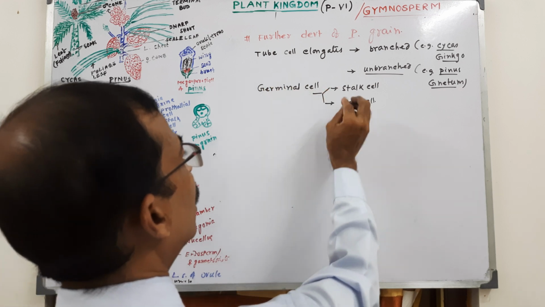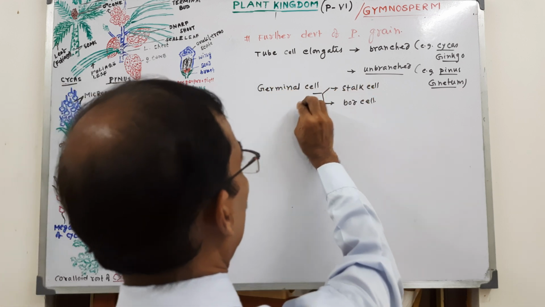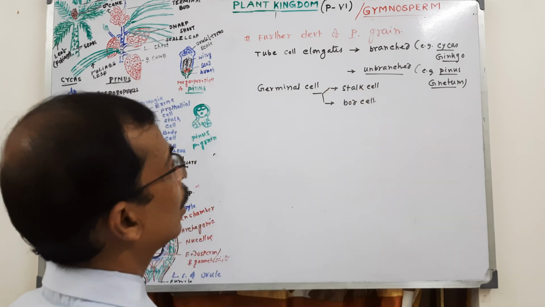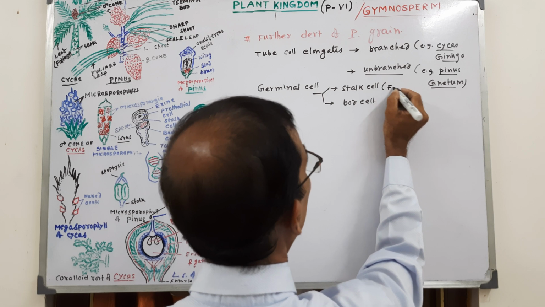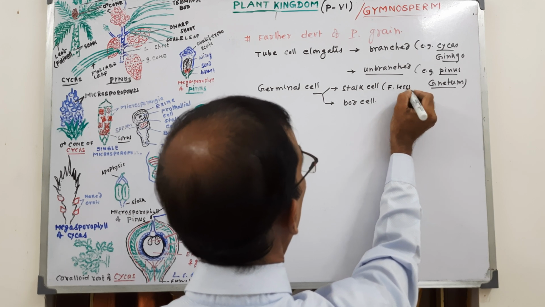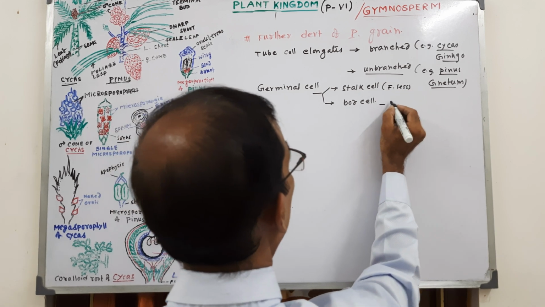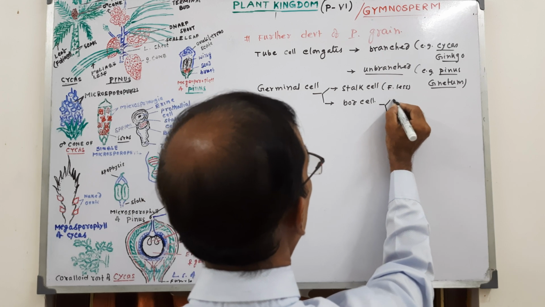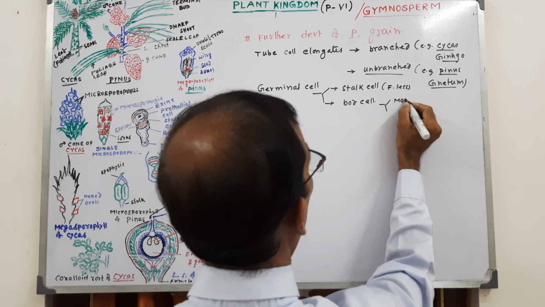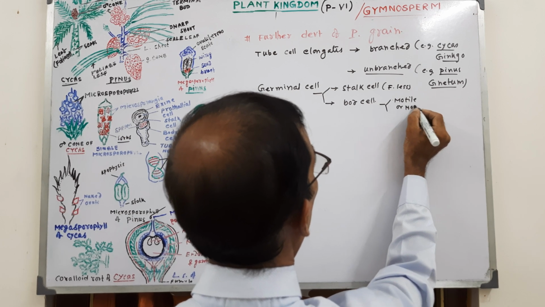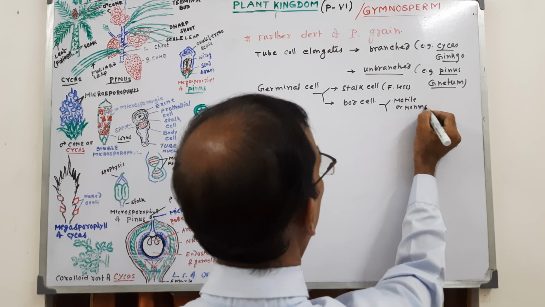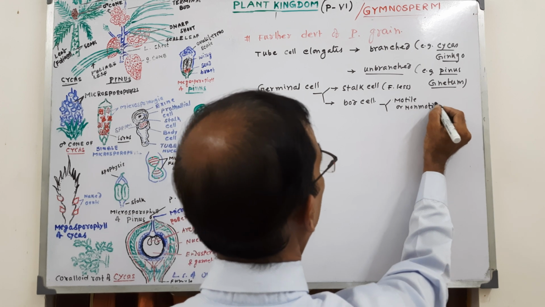In other genera, the germinal cell first divides into a stalk cell, which is degenerative and functionless, and a body cell, which further divides into motile or non-motile male gametes.